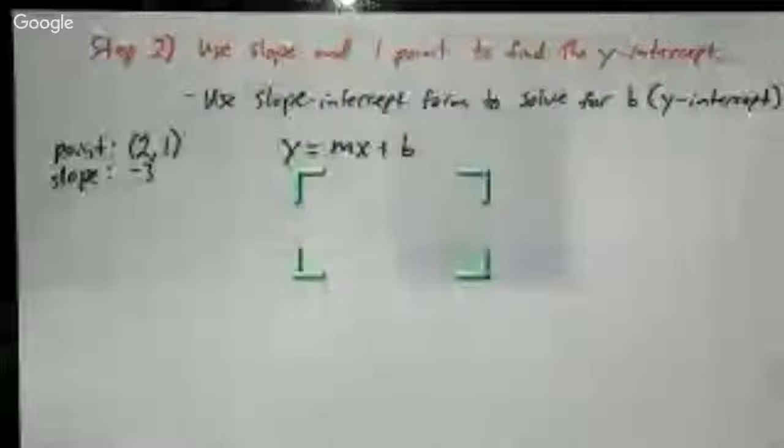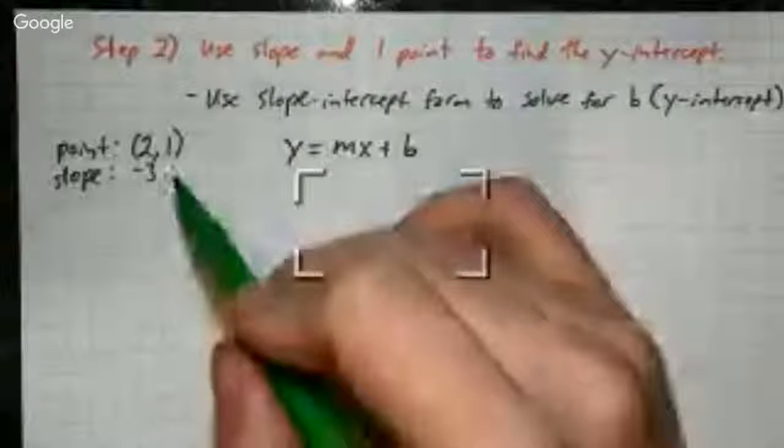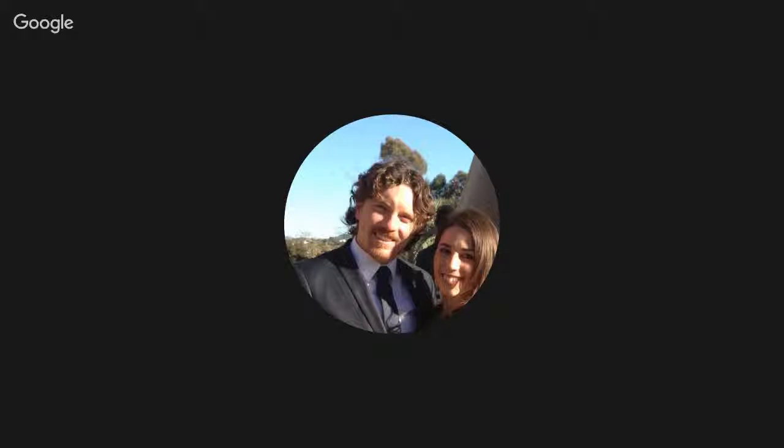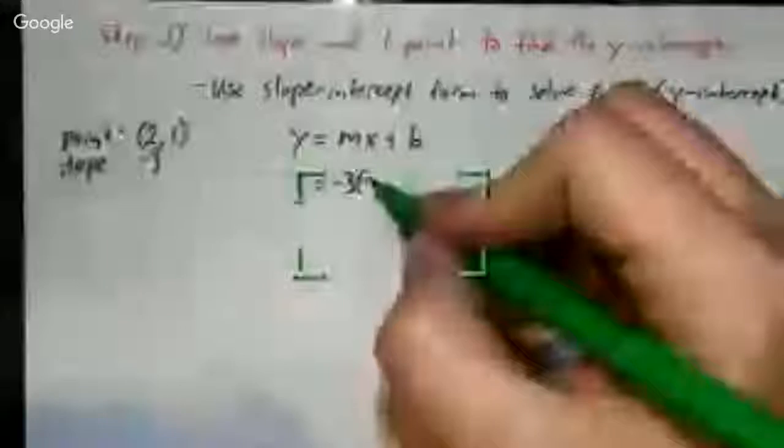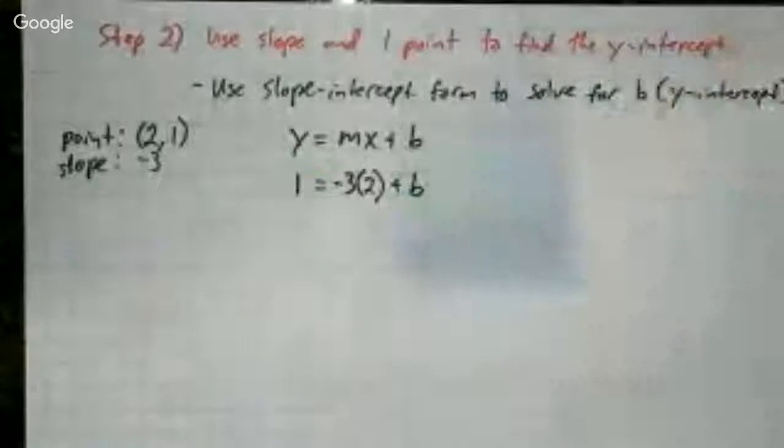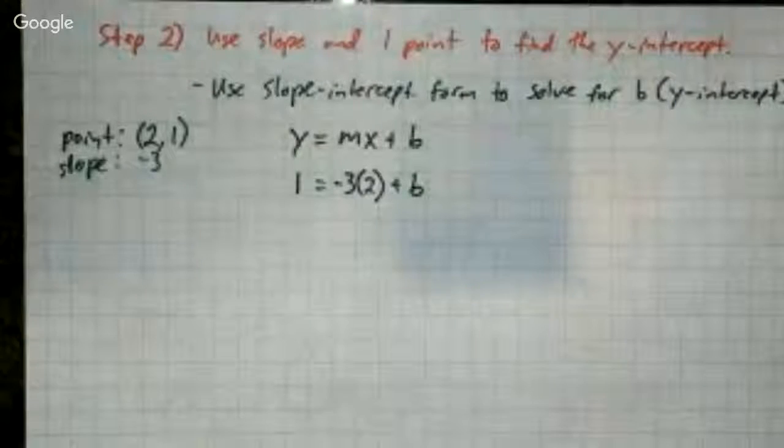Let's substitute everything we need. What's the y value in our point? 1. Then the slope, which we have as -3, times x, and we even know x, 2, meaning the only thing we don't know is b. So now we simply solve for b.